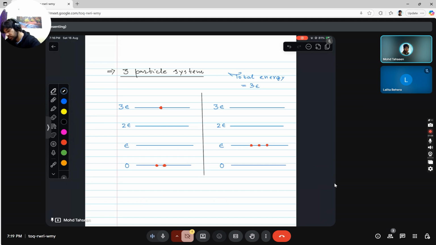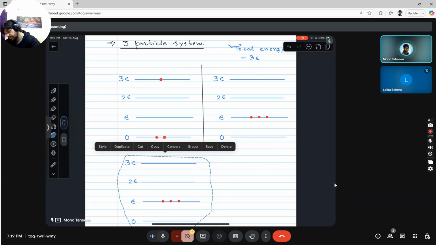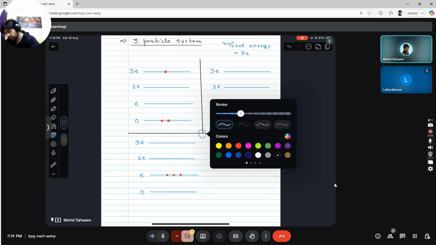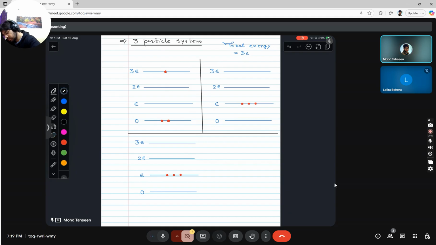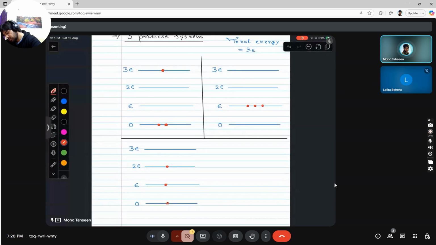And is there a third way as well? Yes. Another way would be to have one particle here, one particle here, and one particle here.